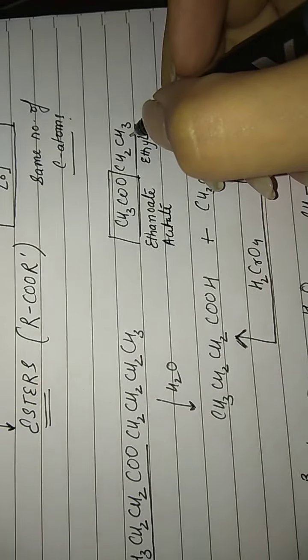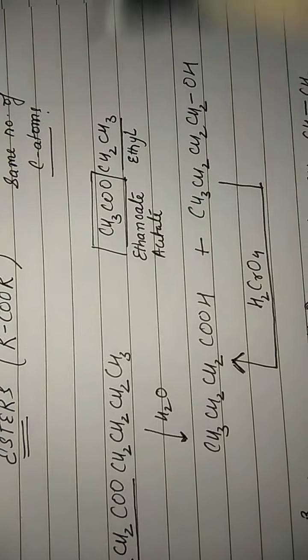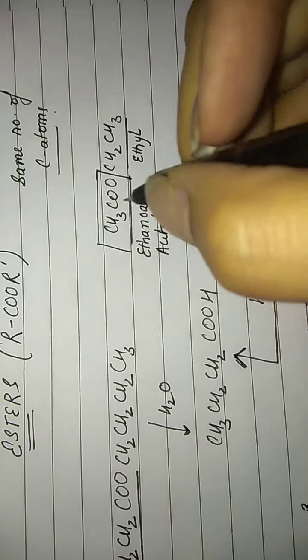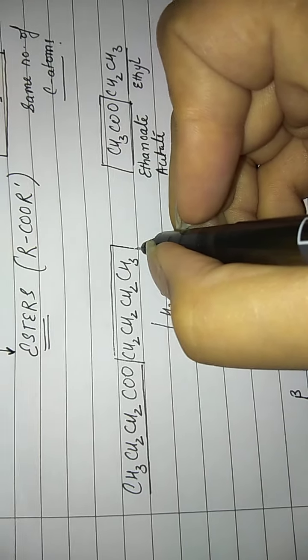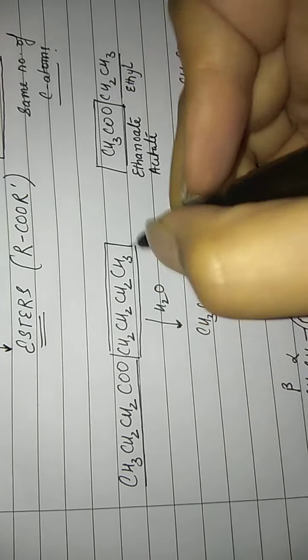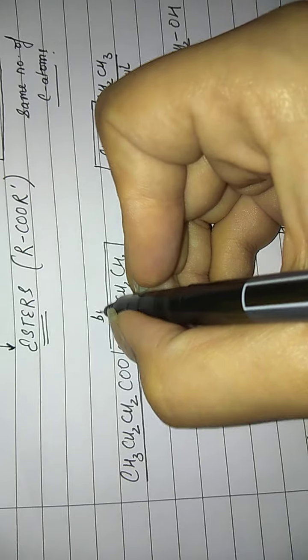So you have to move from the right towards the left. Ethyl, ethanoate. Why ethanoate? Because there are 2 carbon atoms. Similarly over here, move from the right towards the left. This is butyl.